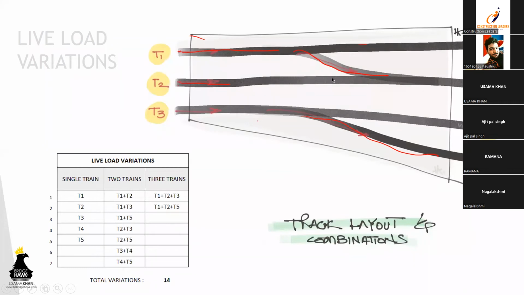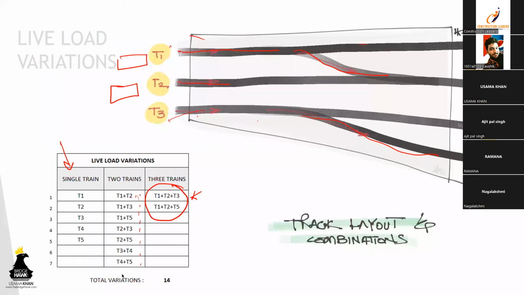A single train is going on track 2, this is T2, and similarly on track 3, track 4, and track 5. So these are single train load cases. In double train load cases, T1 and T2 at the same time, 2 trains are running on these tracks. Similarly, all these variations have to be taken into consideration. And the main case, 3 trains are running at the same time, so tracks 1, 2, and 3 are all occupied at the same time. All these cases must be properly represented.